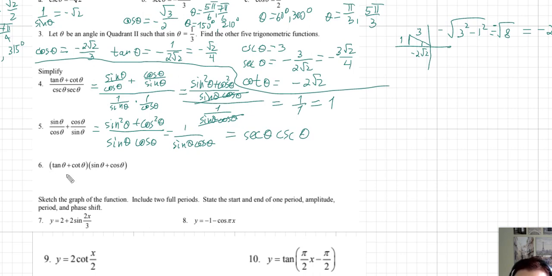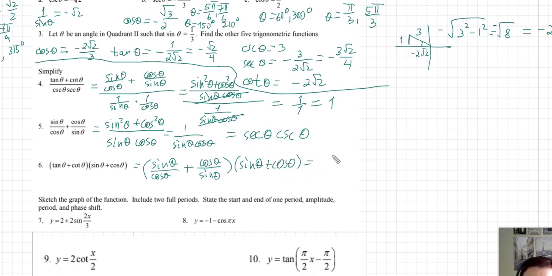Number 6. Tangent plus cotangent times sine plus cosine theta. So I would convert this into sines and cosines. We already know that we have sine theta over cosine theta plus cosine theta over sine theta, keeping sine theta plus cosine theta over here.